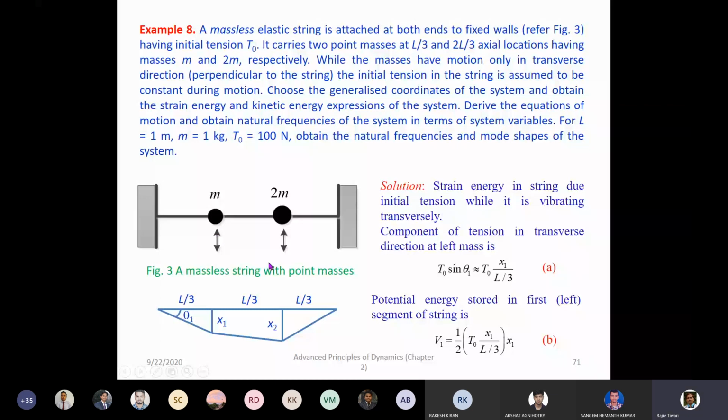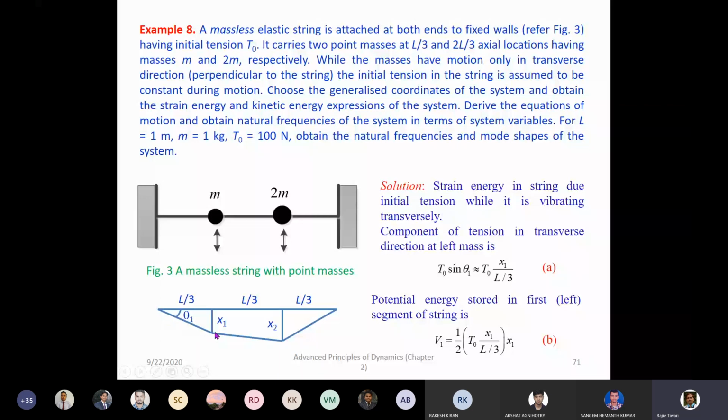Now we want to obtain the potential energy when the mass is disturbed by x1 this much. We are assuming this string has some constant tension, and even during deflection there is no change in the tension.